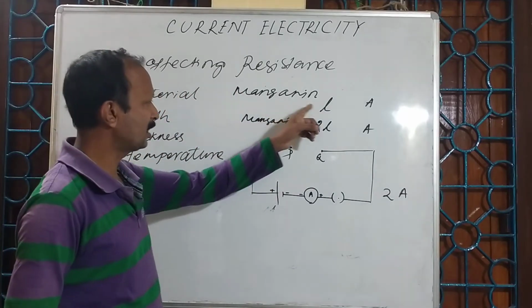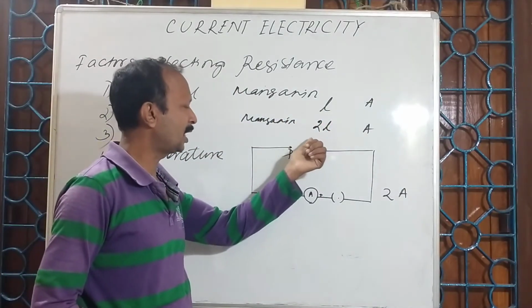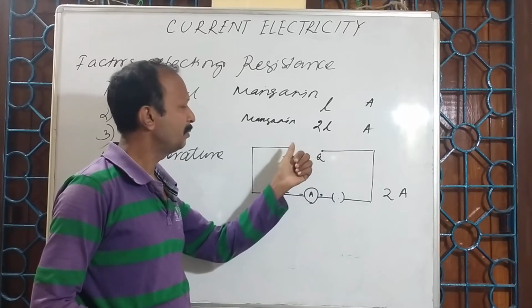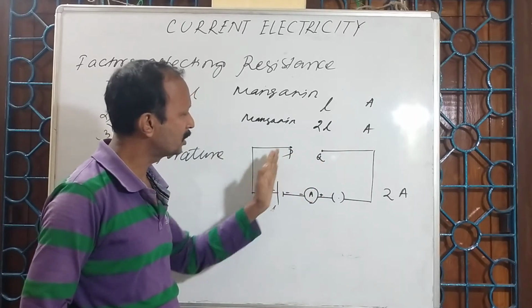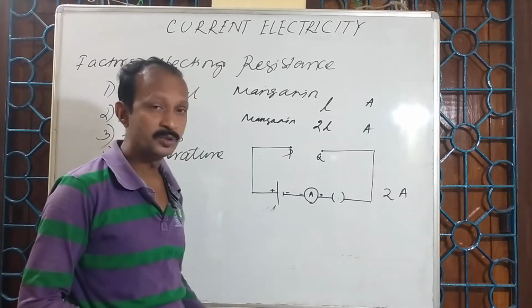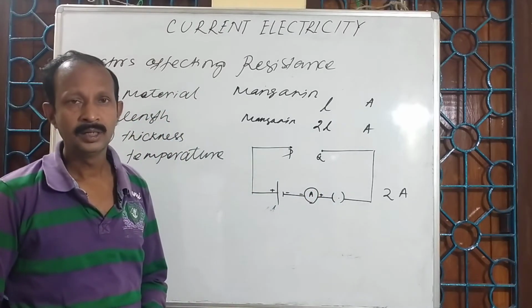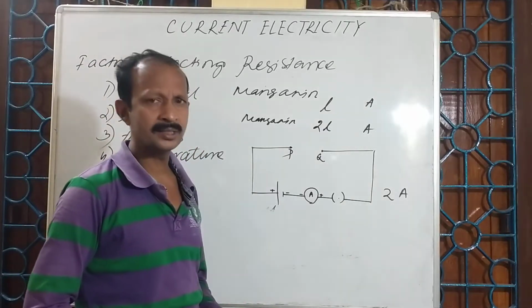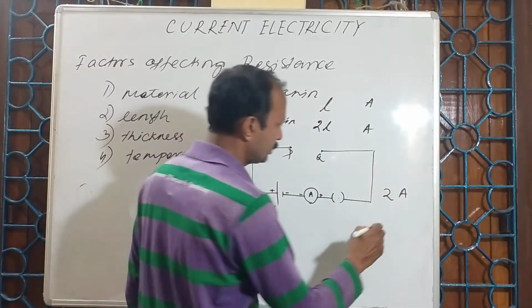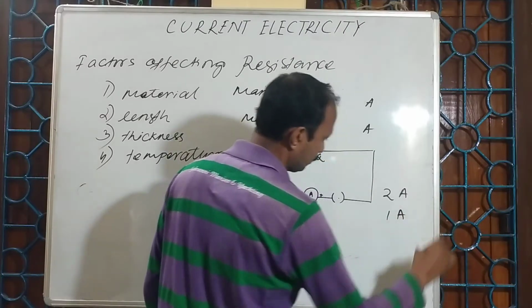Now remove the first resistor. Then you connect the second resistor between the two free ends P and Q, switch on the current and observe the current through the ammeter. In the second case, suppose we got the current as 1 ampere.